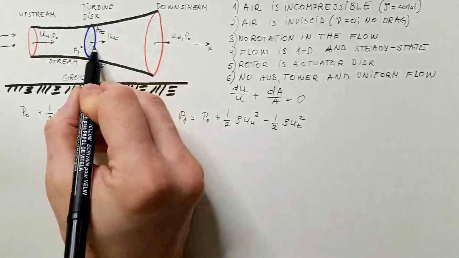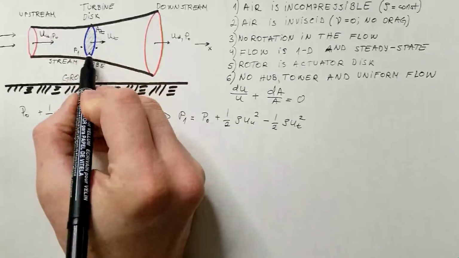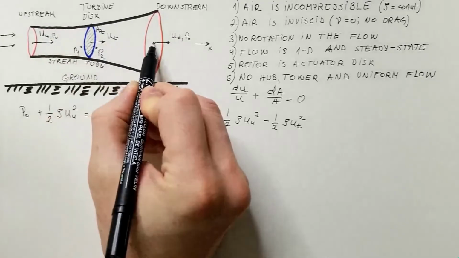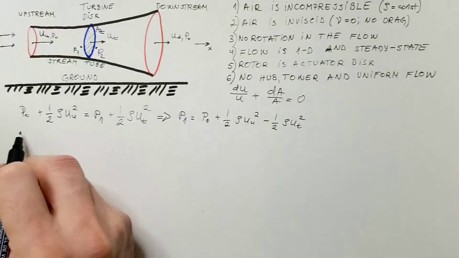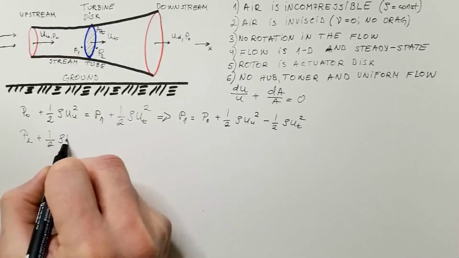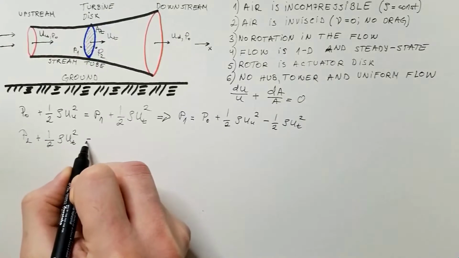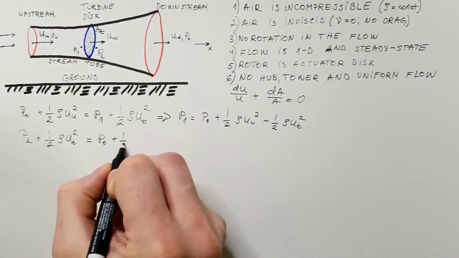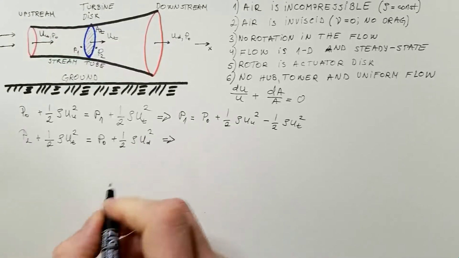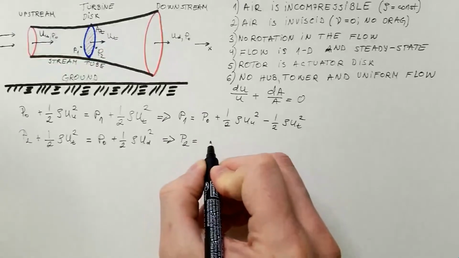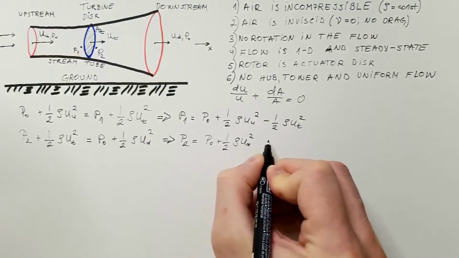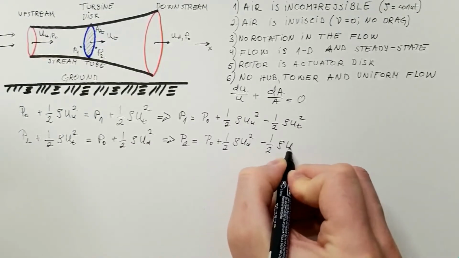Now I select a point just downstream from the disk, and I write Bernoulli's equation between this point, where I have pressure P2, and the downstream location, which means P2 plus 1 over 2 rho u turbine squared is equal to P0 plus 1 over 2 rho u downstream squared, which means that P2 is equal to P0 plus 1 over 2 rho u d squared minus 1 over 2 rho u t squared.